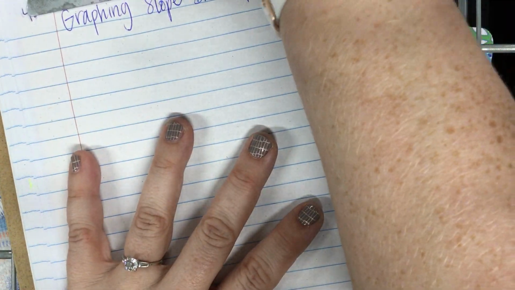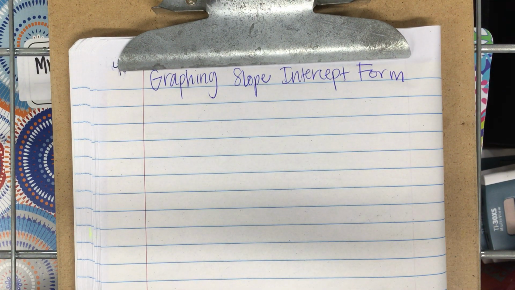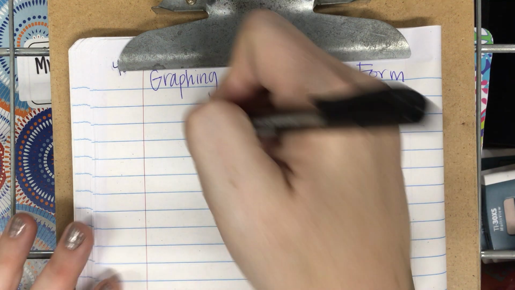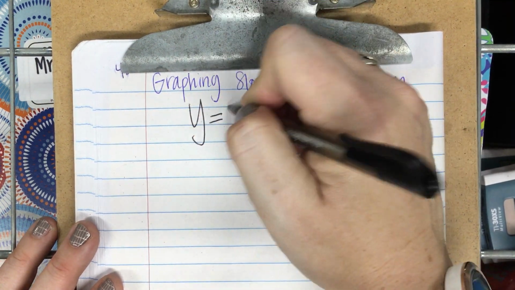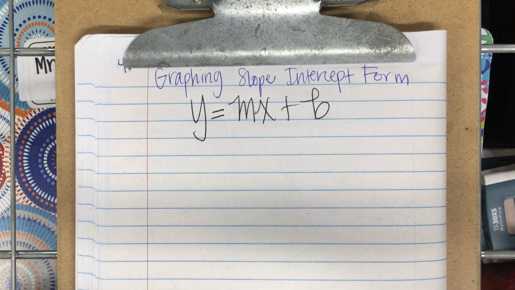Today, they're going to give us equations, and we need to find the slope and the intercept, and we're going to graph it. So again, y equals mx plus b is slope-intercept form. It's our formula. It's our equation.